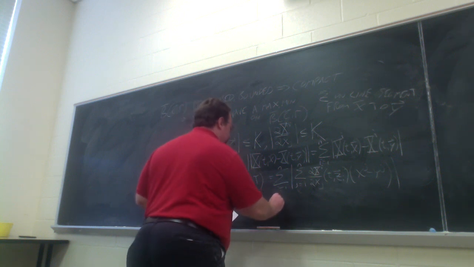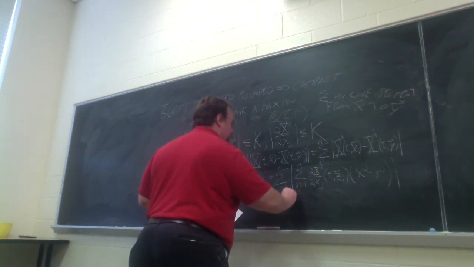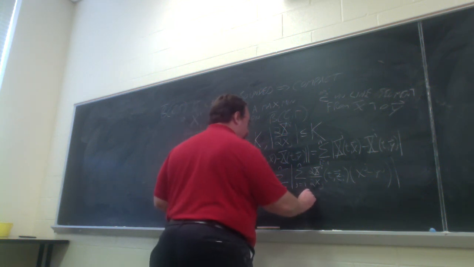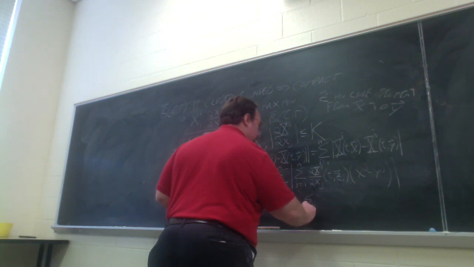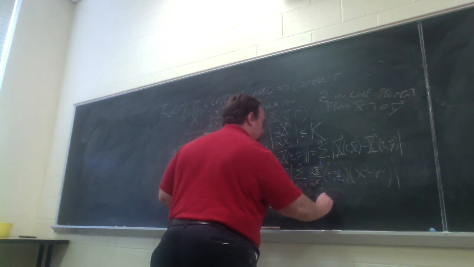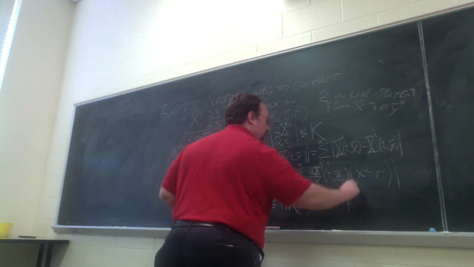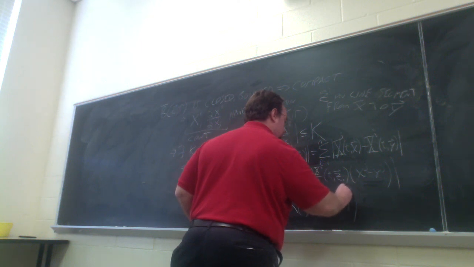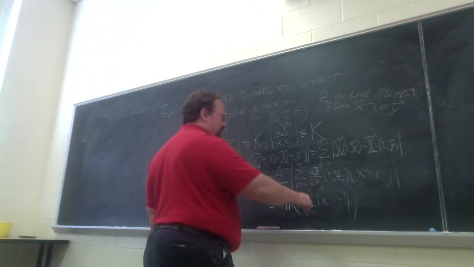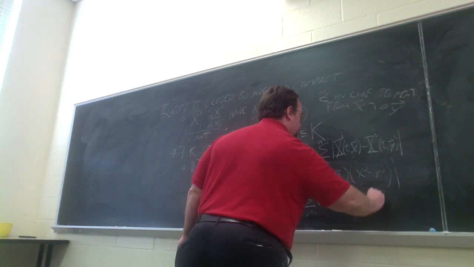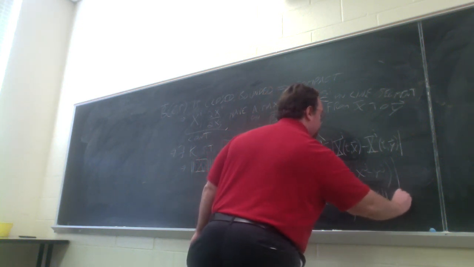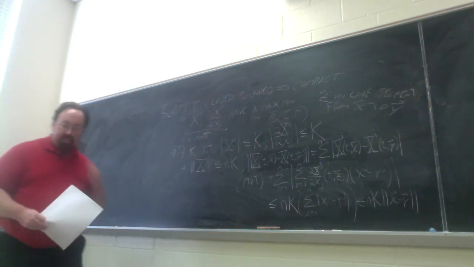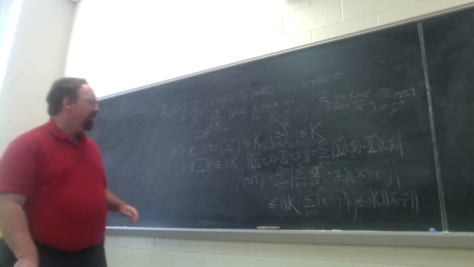So this is less than or equal to n times k times the sum of these expressions here for each component. Now this condenses to n big K norm of x minus y. Okay. So that's the final result that I'm looking for there.